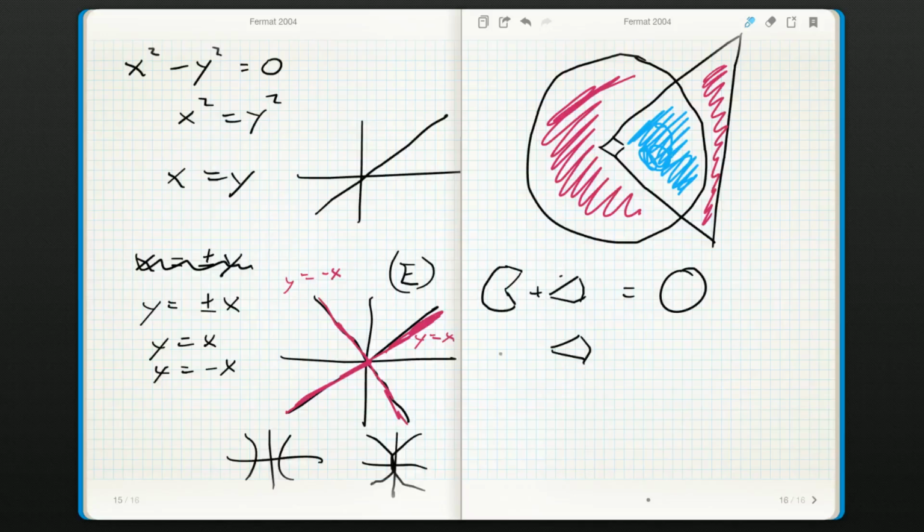But the overlap between the two and the other red area, these two red areas are equal. We get this blue overlap slice is the same in both.